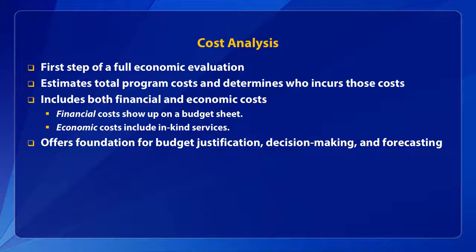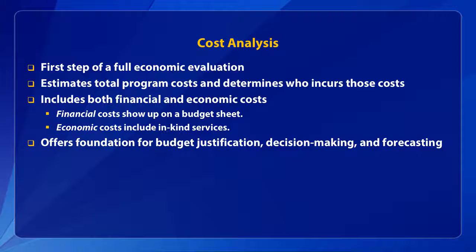Another type of economic evaluation is programmatic cost analysis. This is typically the first step in an economic evaluation comparing program costs to outcomes. Programmatic cost analyses include all the resources required to implement an intervention, such as personnel, space and utilities, travel, materials, and supplies.